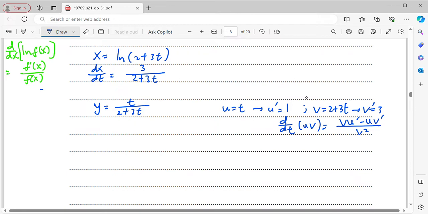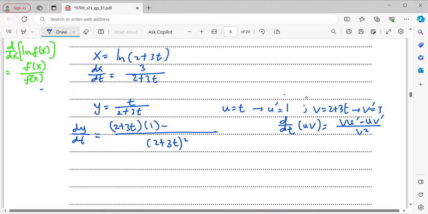So then from here I will get dy over dt equals, over (2 plus 3t) squared, which is our v squared. Then v u prime is 2 plus 3t times 1 because u prime is 1.